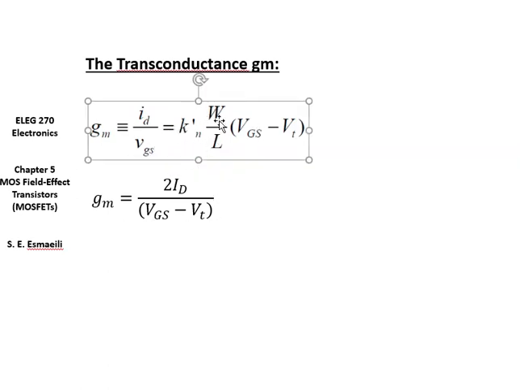So this is the width in the semiconductor, this is the length, this is the voltage between the gate and the source, VT is the threshold voltage, this K is a constant that we had explained a little bit where it's coming from, but when it comes to problem solving, all of them are given to you. So let's review together.